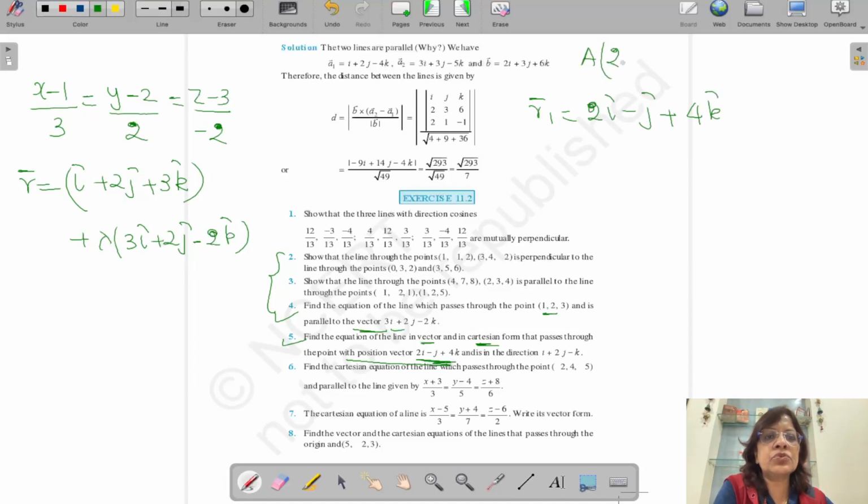Fixed point is 2, minus 1, 4 and parallel to this b is given. So vector equation, so you can directly write this is vector b given, minus k.